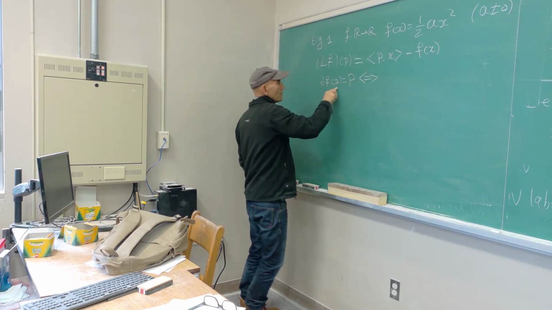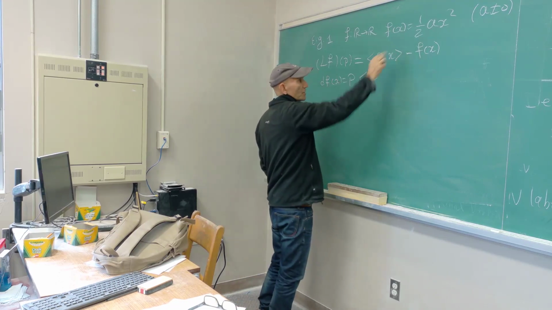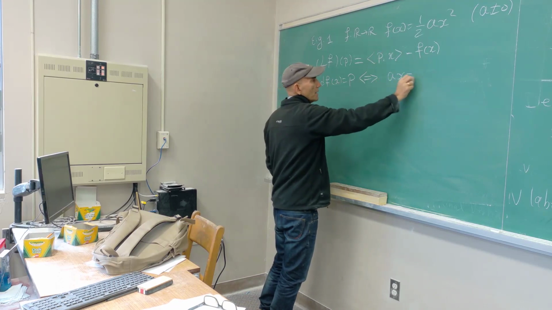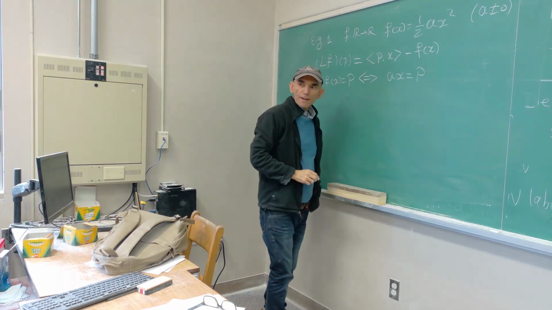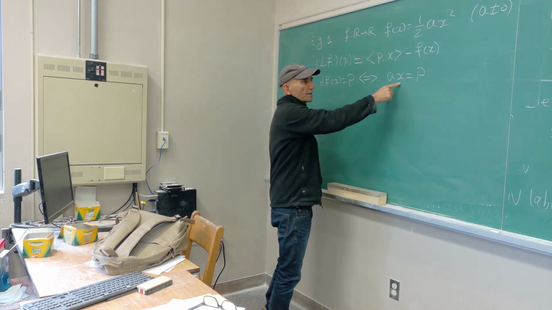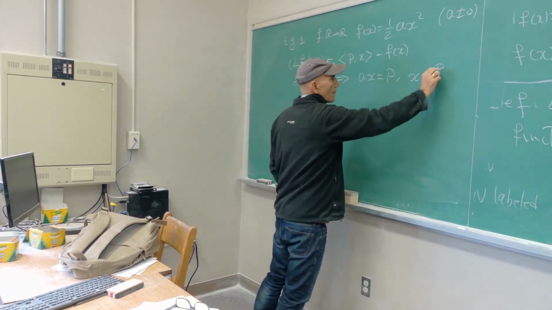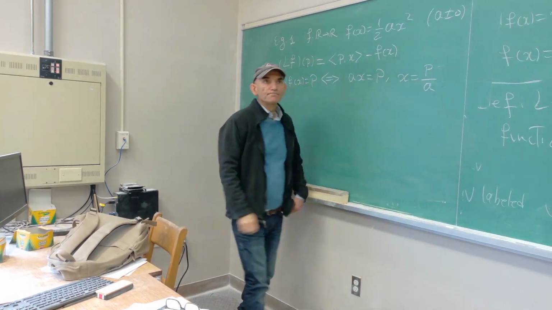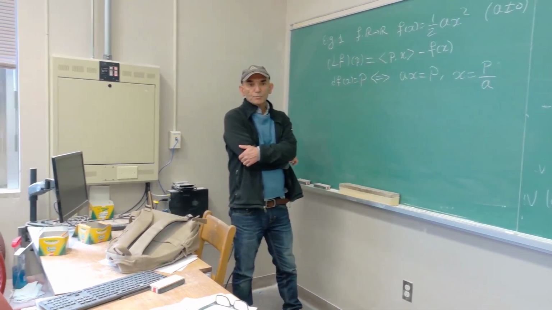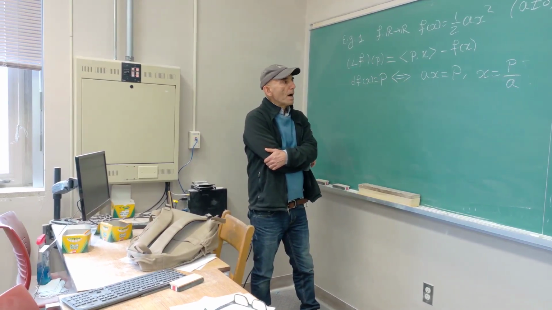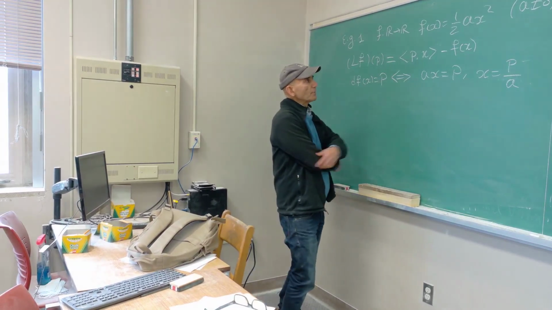Well, df is just a x, equal to p. So it follows that x is equal to p over a. And then we just substitute here.